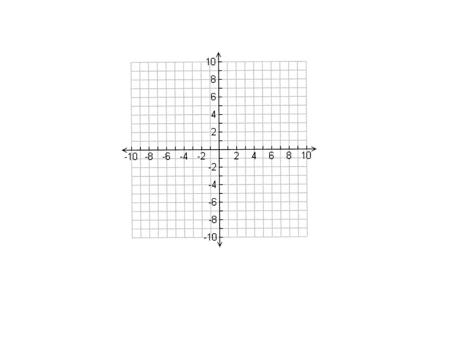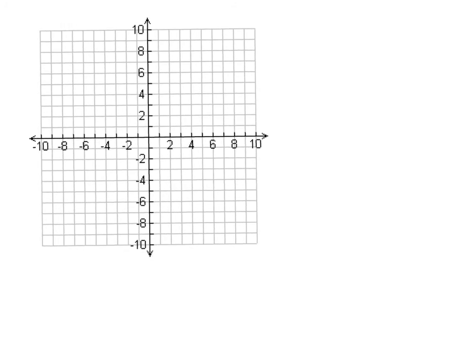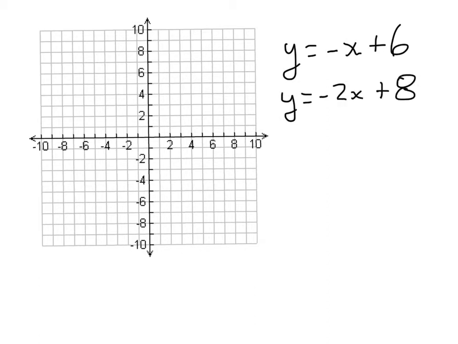Let me load in a graph here. So there's my graph. We'll make that nice and big so I can see. I've got my two equations: y equals negative x plus 6 and y equals negative 2x plus 8.